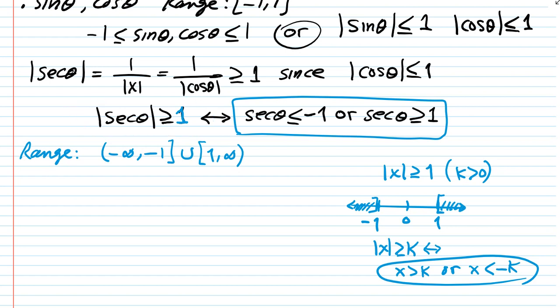My k is 1. So that's what I used. All right, so it goes back to algebra days. So there is the range of secant. Now, likewise, we can do the range of cosecant, right? I can say, okay, let's do cosecant theta now. The range for it. I can say the absolute value of cosecant theta is greater than or equal to 1.